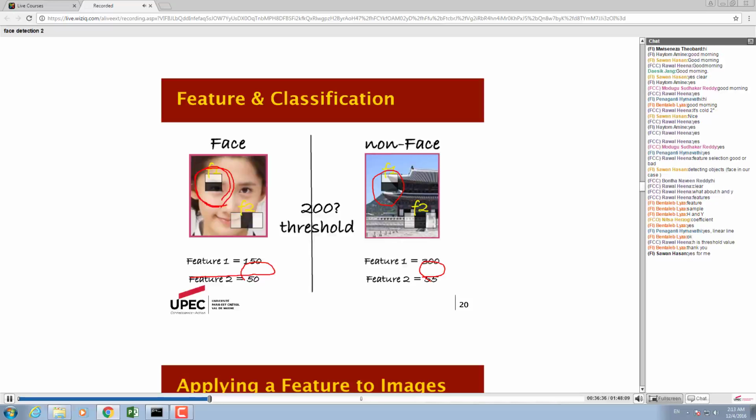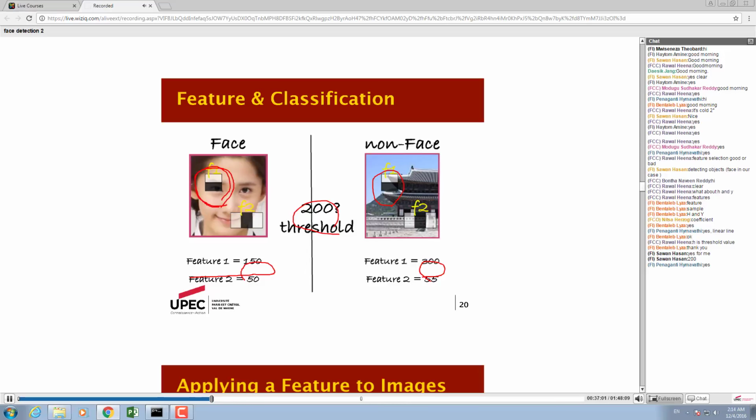The threshold can be in between 150 and 300. So, for example, we can say 200 can be a threshold. Yes, exactly. It is in the middle between 150 and 300. It can be something else, but this is just an example.